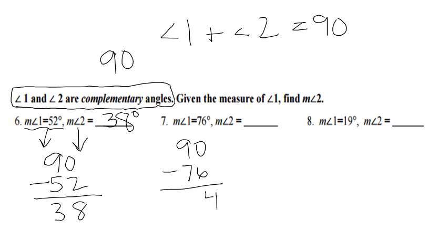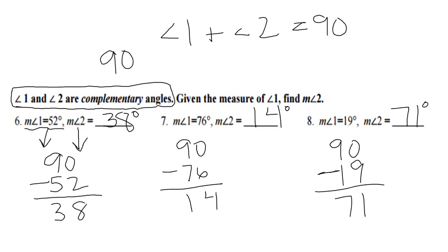So we're only going to have $14 to spend on angle 2. And here we hardly spent much in the first store. We spent a little less. So here we're going to have $71 to spend on angle 2. So that's how I like to do that. I like to pretend it's money.